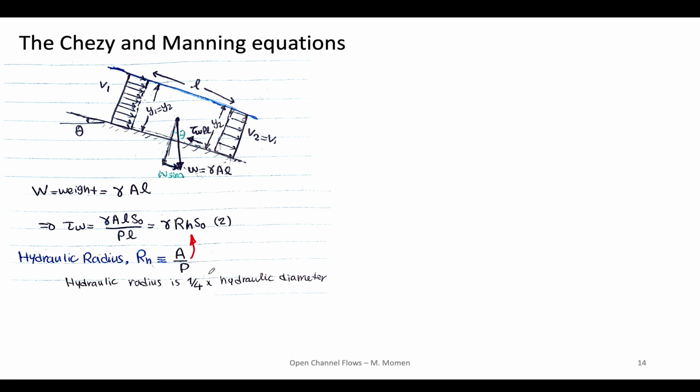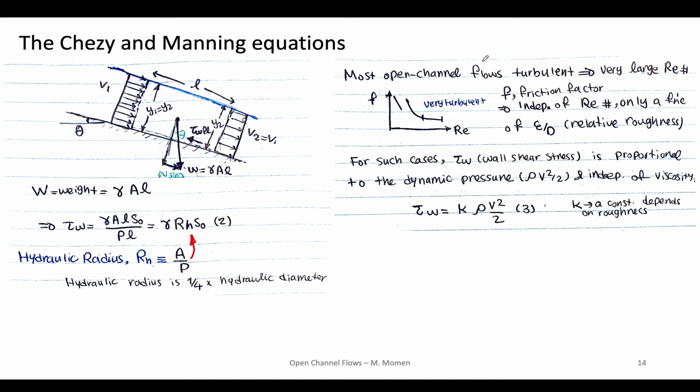So I want to make one assumption for finding this shear wall stress, and that is, most open channel flows are very turbulent. They are in nature, and most of these environmental flows are turbulent and have very high Reynolds number, so very large Reynolds number.